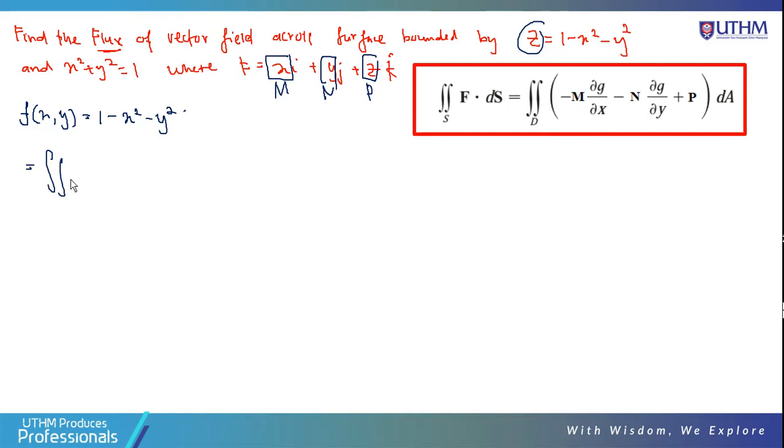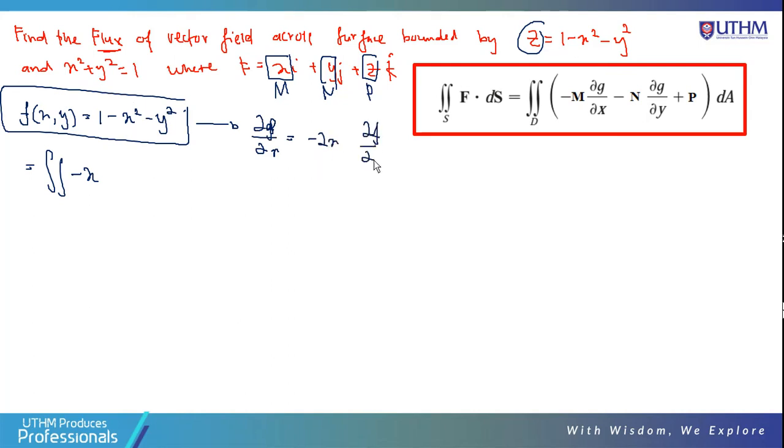Double integral, negative m is x. Okay, partial this function. You take the partial of f with respect to x, and you will get negative 2x. Function f with respect to y, you will get negative 2y.